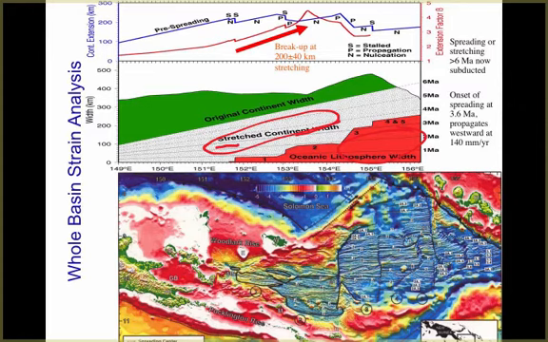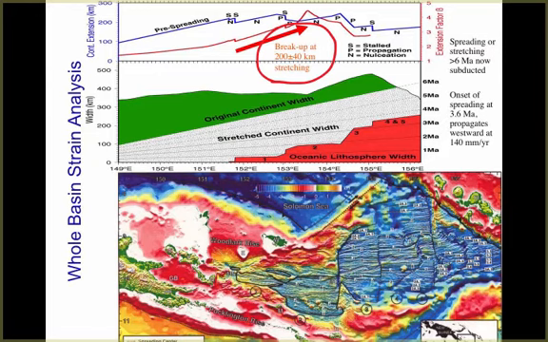We also saw that breakup of the continental crust occurred after about 200 plus or minus 40 kilometers of stretching, that any of that older crust has now been subducted, and that the onset of spreading at around 3.6 million years propagates westward at a rate of 140 millimeters a year.